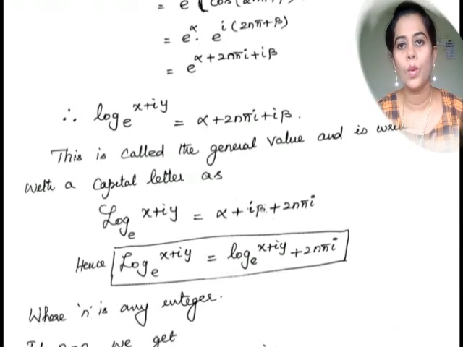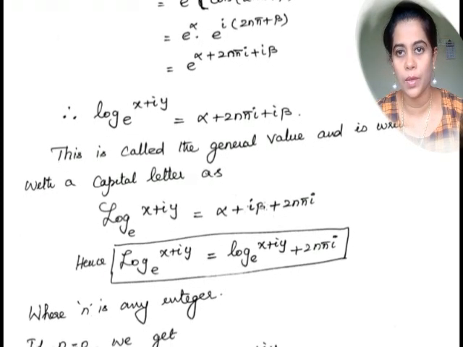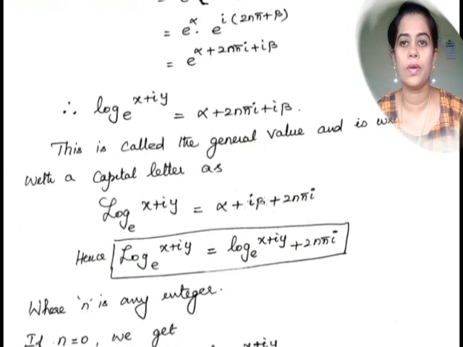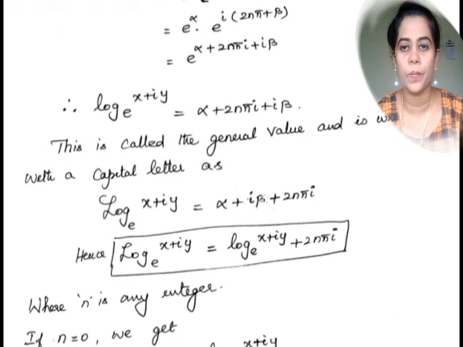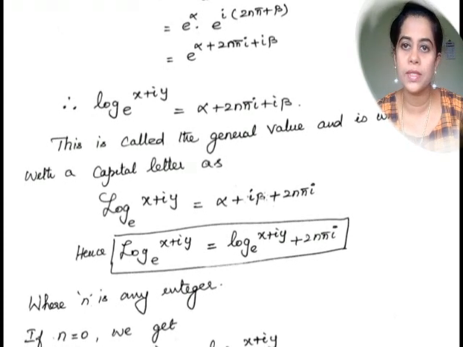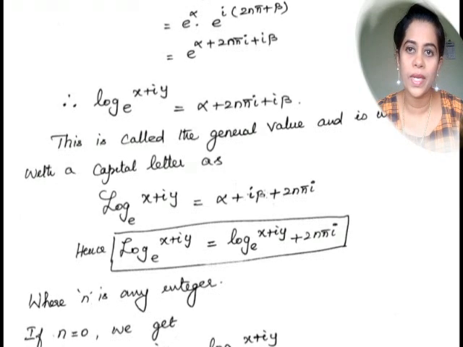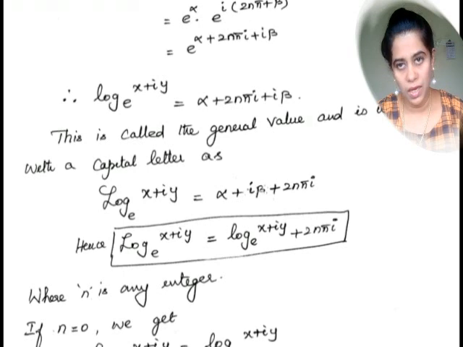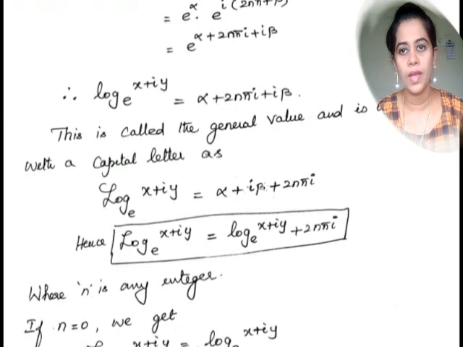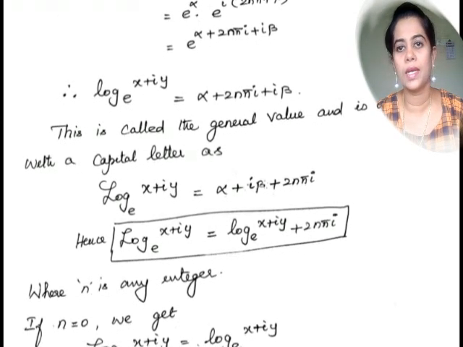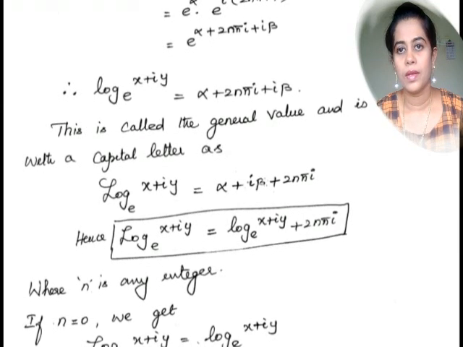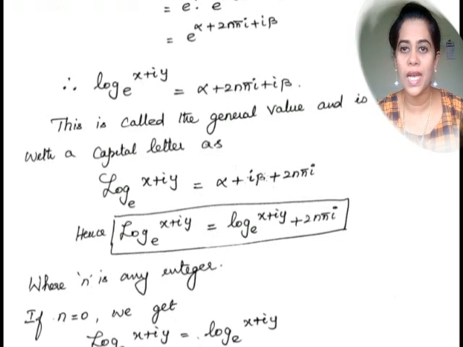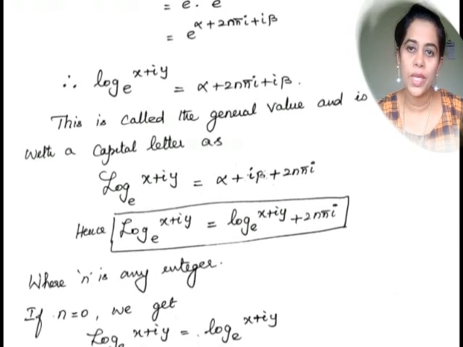Hereafter, when I have capital Log of x plus iy, we are finding the general case of log of x plus iy. So capital Log of x plus iy is equal to alpha plus i beta plus 2n pi i.